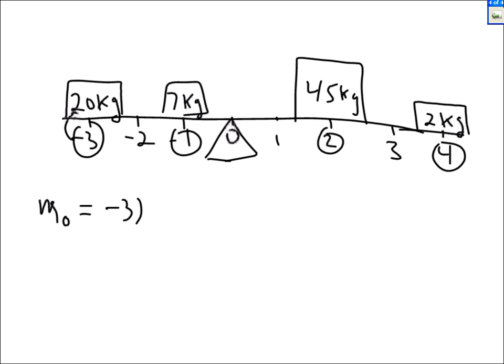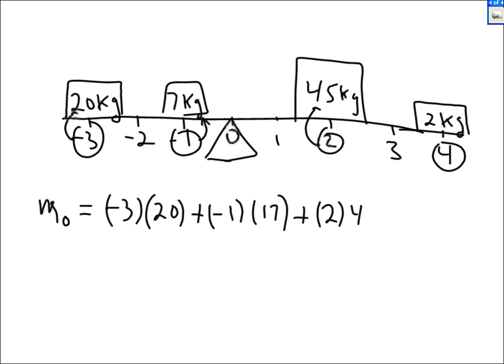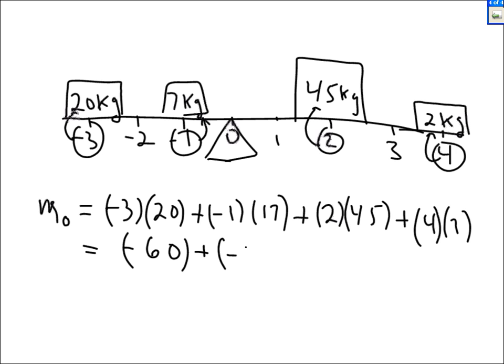It's -3 times 20 plus -1 times 17 plus 2 times 45 plus 4 times 2. And you get what you get. Negative 60 plus a negative 17 plus 90 plus 8.